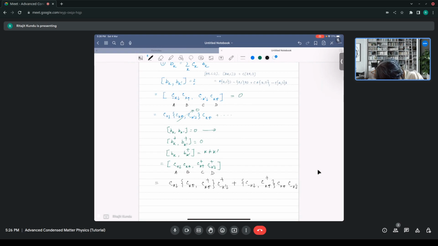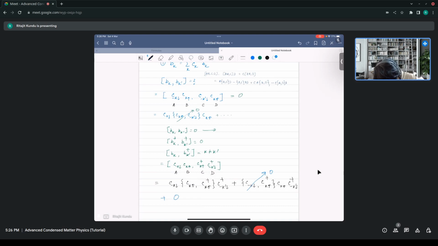But here you see that this anti-commutation is actually between two different spins, right? So as a result, this will actually vanish. So let's move on. The other term is between B and D. B and D also come with different spins, right? So that anti-commutation will also vanish.